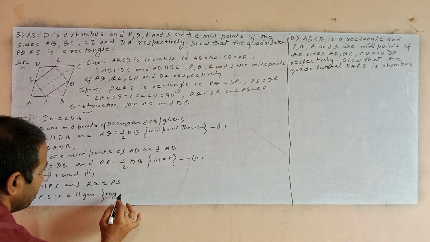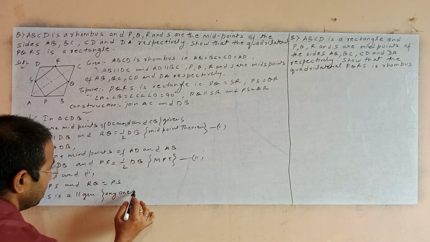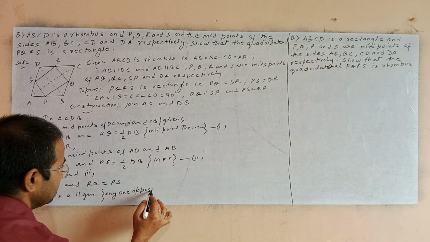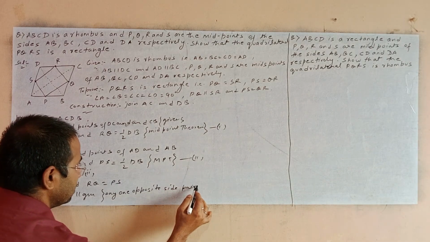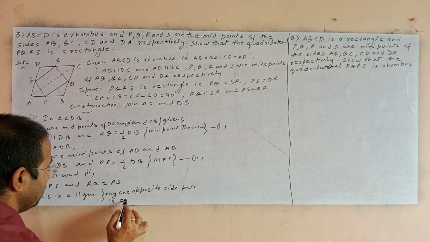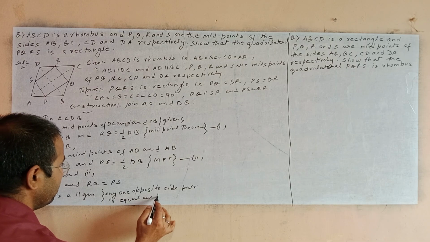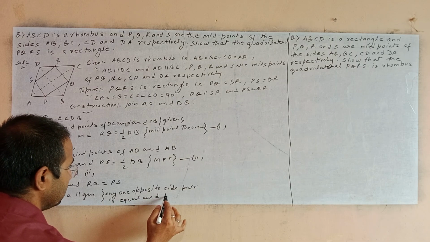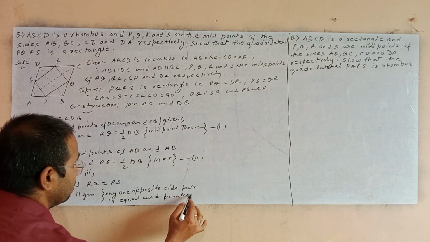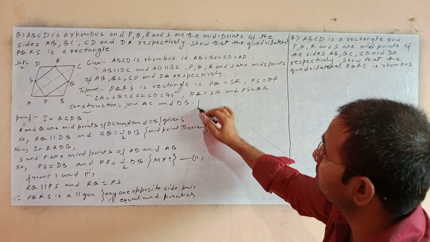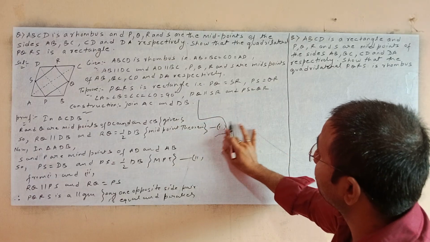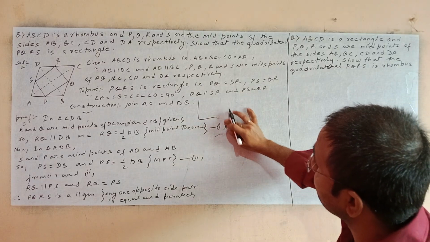Here you have to write that any one pair of opposite sides is equal and parallel. Okay, so in this way you can prove that. Now you have to prove PQRS is a rectangle.